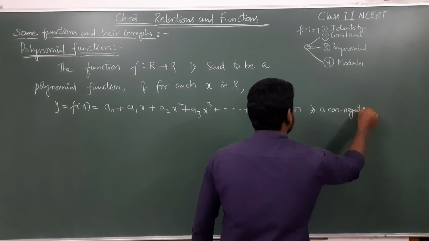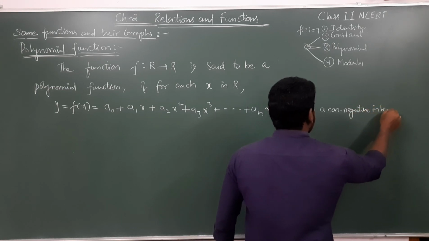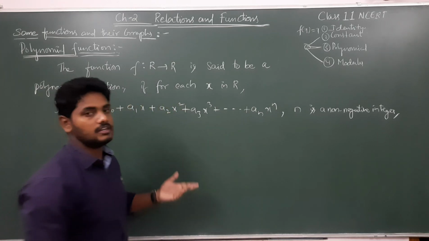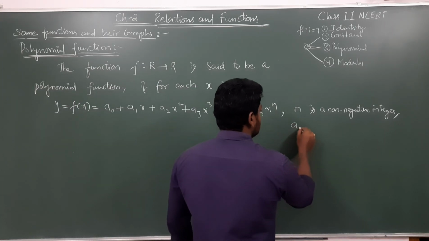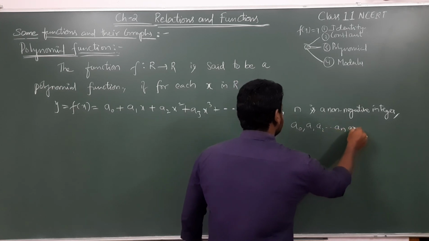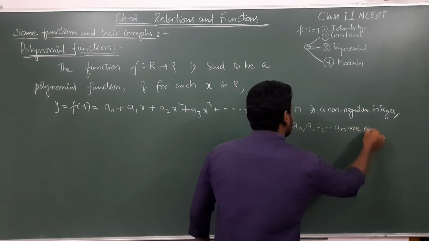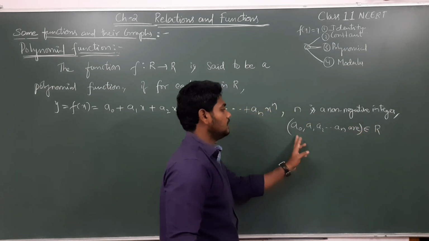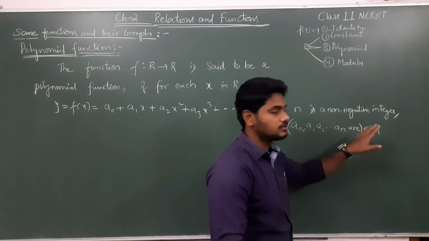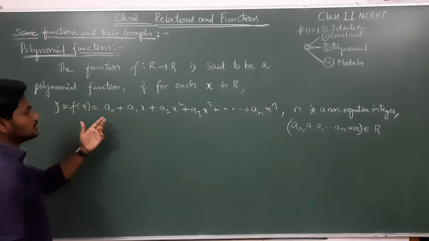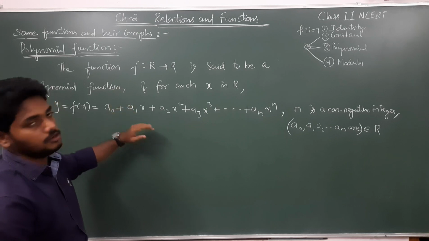And a0, a1, a2 so on, an belong to real numbers. So whatever it may be, real numbers. This type of function we will consider as polynomial function.